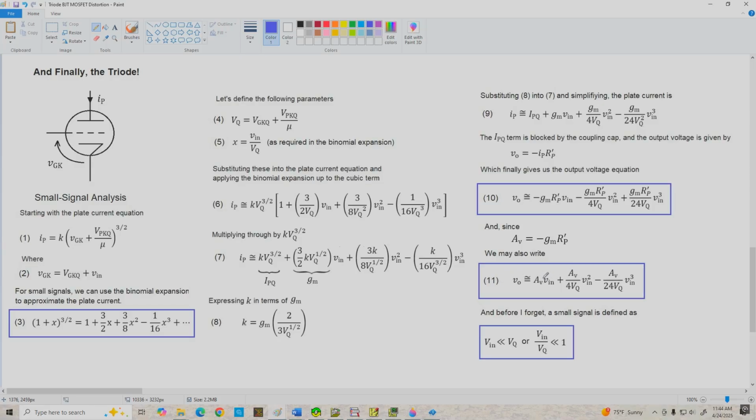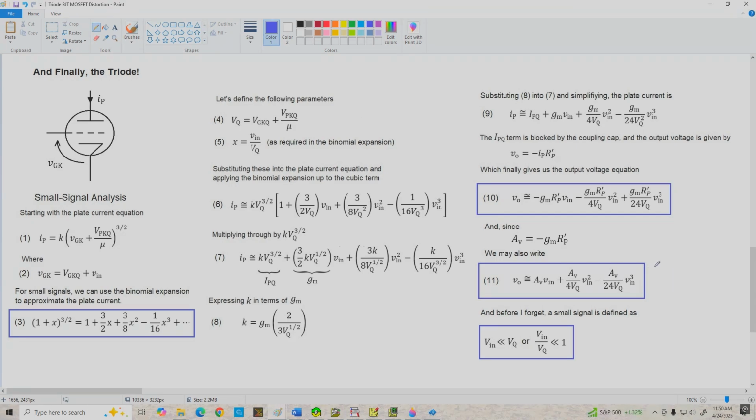So we have a linear gain term here, plus the quadratic with this coefficient and the cubic term with this coefficient. And notice that the coefficients are getting small pretty quickly. We've gone from 1 over 4 to 1 over 24, and the remaining coefficients out here diminish even more quickly.